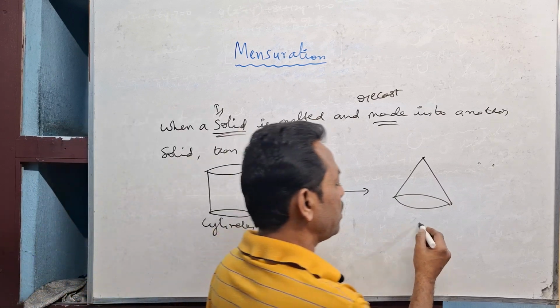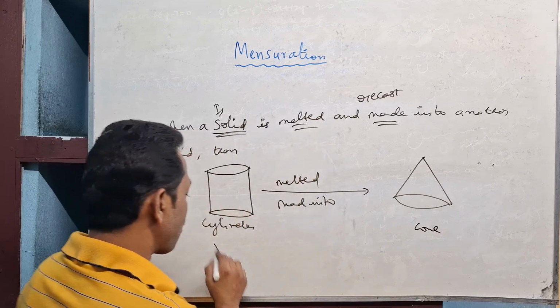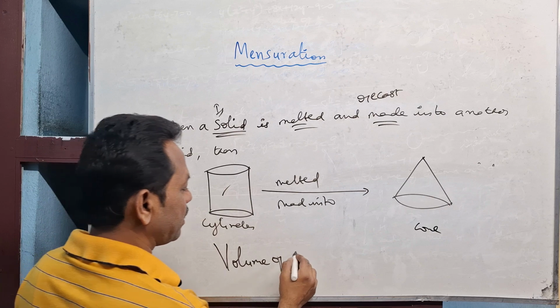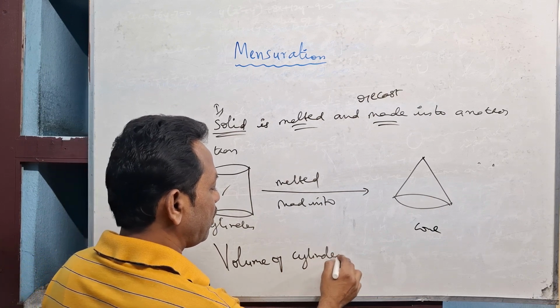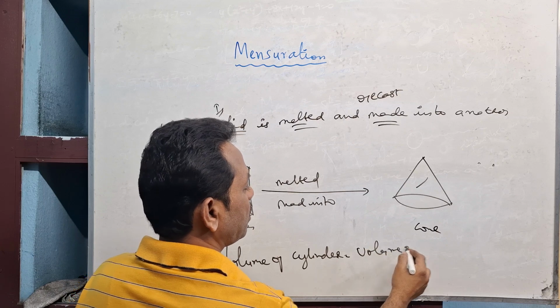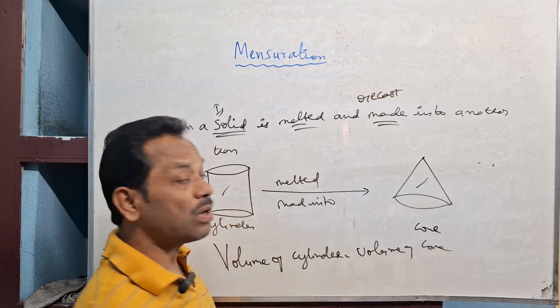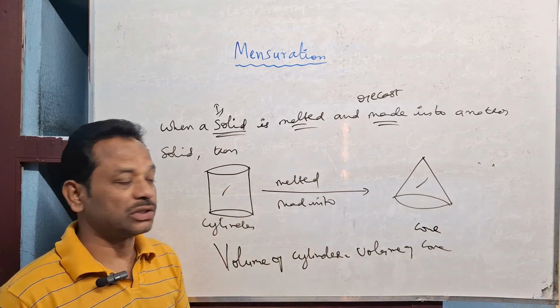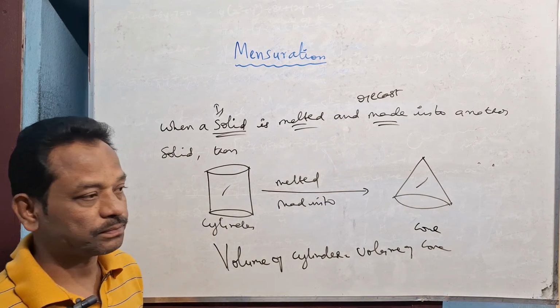Then I can say volume of cylinder equals volume of cone. I'll be using this concept to solve the next questions. Make a note of this.